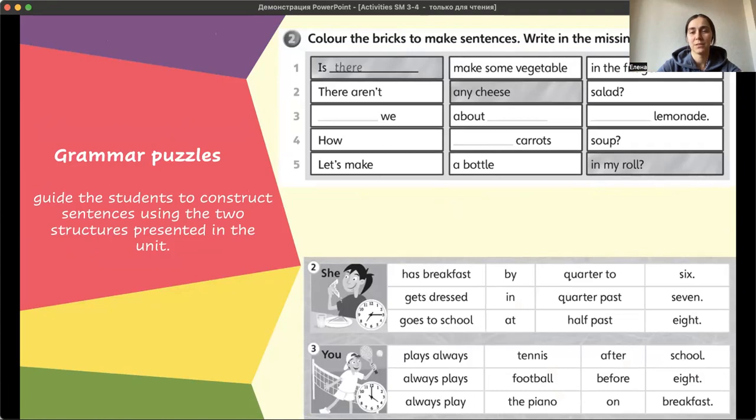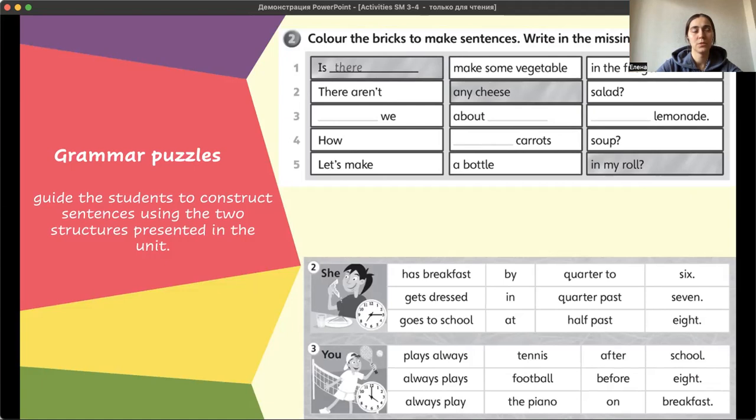The first kind is 3 columns with 5 lines, where they need to find the correct beginning, middle, and end. And the second task is with a picture. So they need to look at this picture and understand what is going on there, and then make the correct sentence.